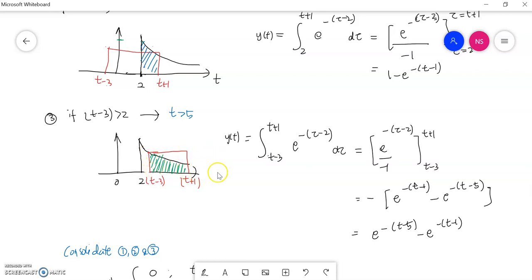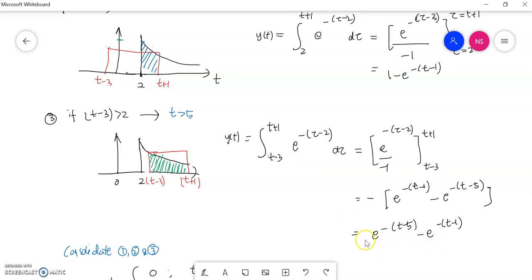Anything beyond here as well as here is 0. So this is my limit of my integral from t minus 3 until t plus 1, and this height, because this red is 1, you multiply it with this exponential function here, which is e to the minus (tau minus 2). So solving this will give me this.